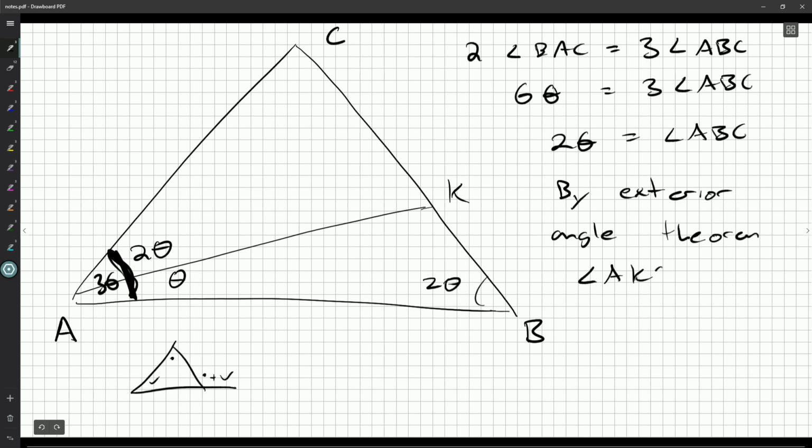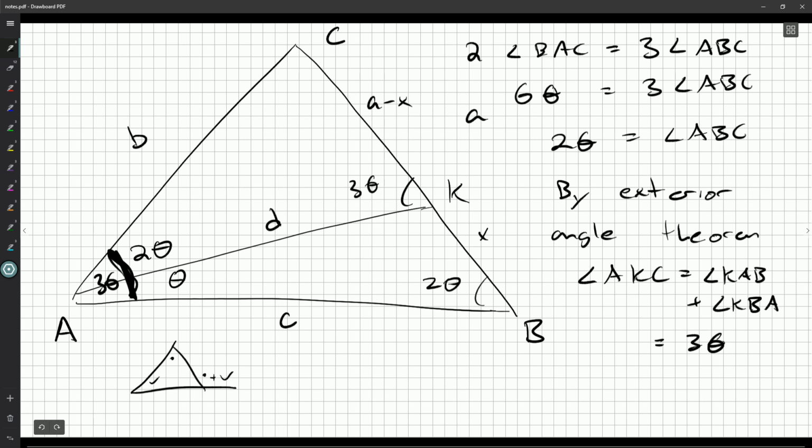Angle AKC is angle KAB plus angle KBA. And so that should be 3 theta, and then I've got a little similar triangle here. C is over here, A is the big one here, we got X down here, A minus X here, B here, and D here.